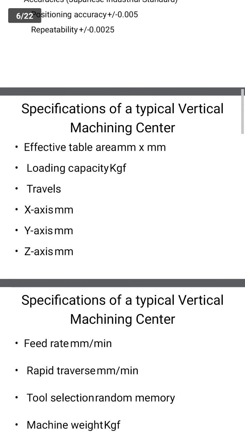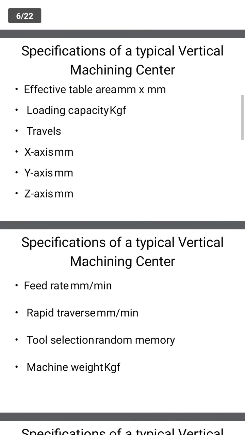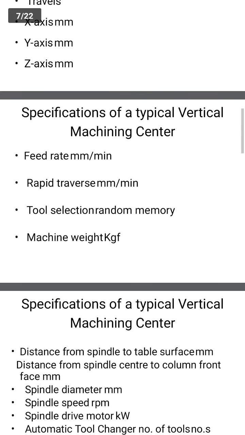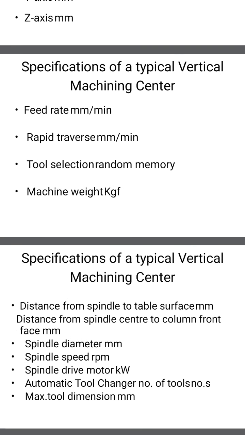Now we'll see the specification of typical vertical milling centers. Here also it is the same: feed rate in mm per minute, rapid traverse, tool selection, memory, machine weight. Machine weight is also necessary for us to check. Next, distance from spindle to table surface, spindle diameter, spindle speed.